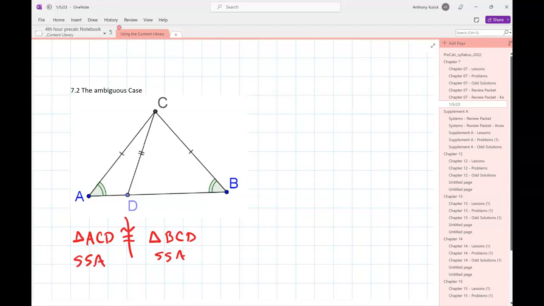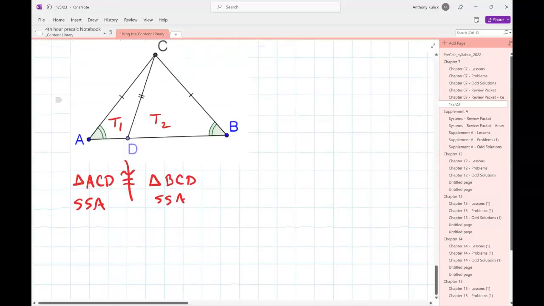So this is what we're saying. With this SSA situation, it's not enough to just have SSA to guarantee congruence. That's why you can get two different sets of answers, because the SSA information you're given could be this triangle 1 or it could be triangle 2. You could kind of have two different sets of answers here.